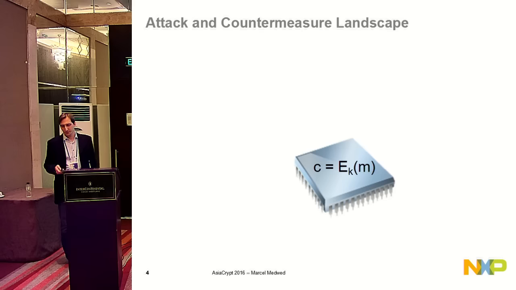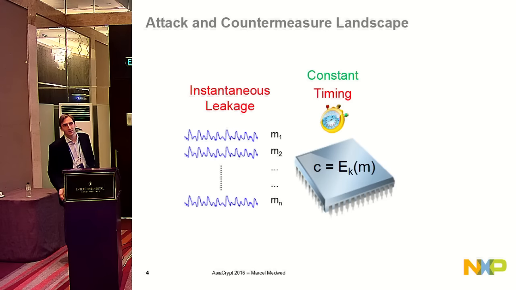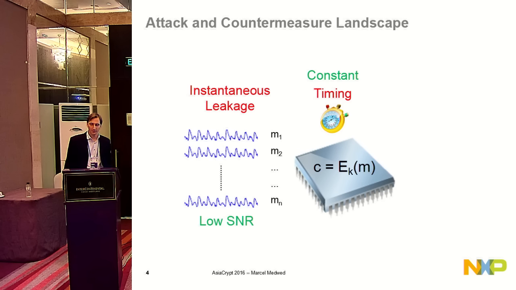So we've already heard before that if we implement a cryptographic implementation like a block cipher on a device, we have several sources of side-channel information like the timing, which we need to keep constant, but also instantaneous leakage, which might come from power or EM. And also, just before, we've heard one of the things we want to do as an implementer is to keep the signal-to-noise ratio for these side-channel traces low, or apply masking.